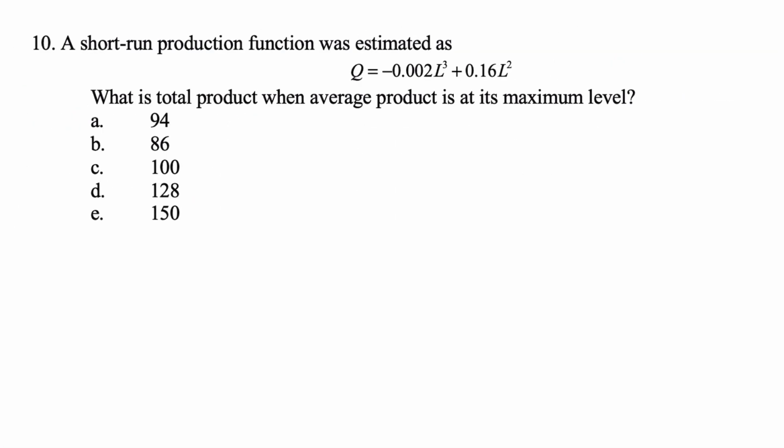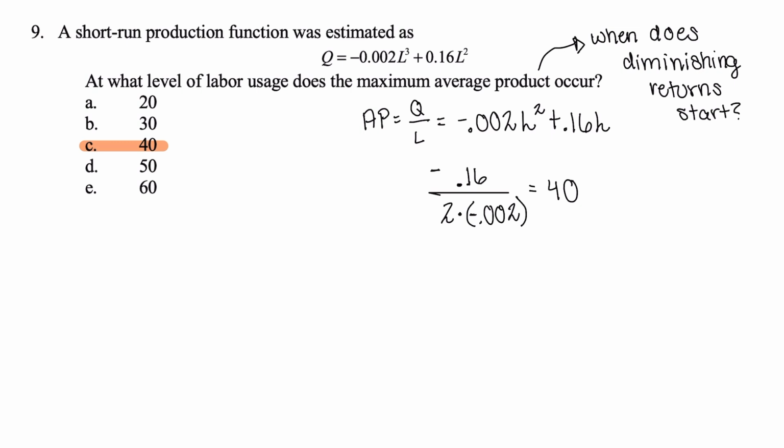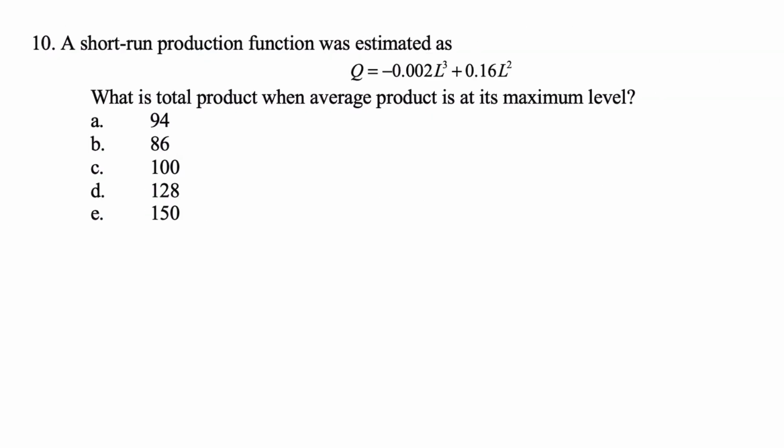Question 10 says, what is the total product when average product is at its maximum level? So this is actually the same basic as we just did for question 9. So we already know that we're using 40 units of labor. And that's from question 9.